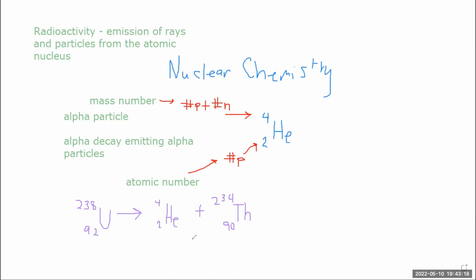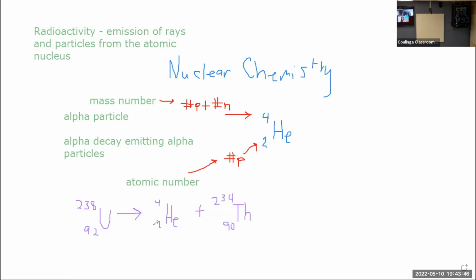Is that thorium? Yes, that's right. Okay, so if we take a look at it, we get our alpha particle, that helium isotope, and then we get whatever's left over. We started out with uranium-238, so we end up with thorium-234.